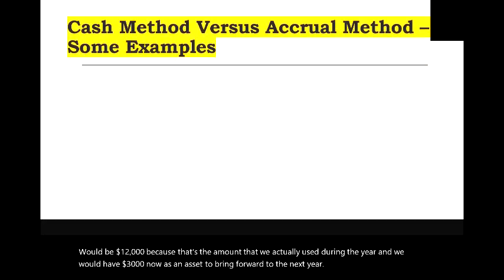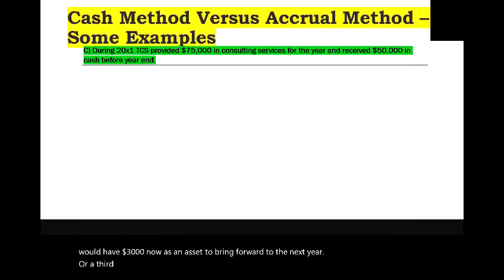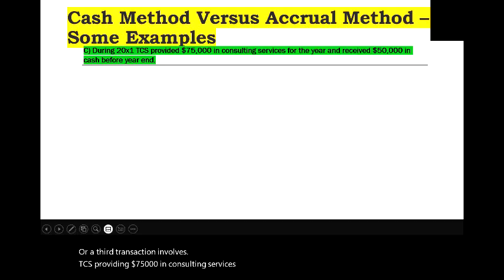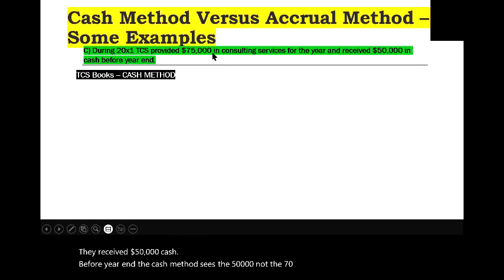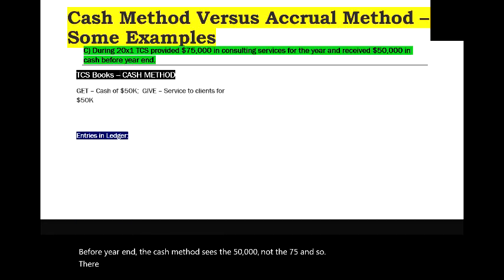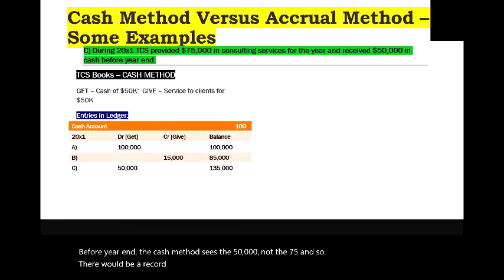Our third transaction involves TCS providing $75,000 in consulting services for the year, and they received $50,000 cash before year end. Again, the cash method sees the 50,000, not the 75. And so there would be a record for the 50,000.